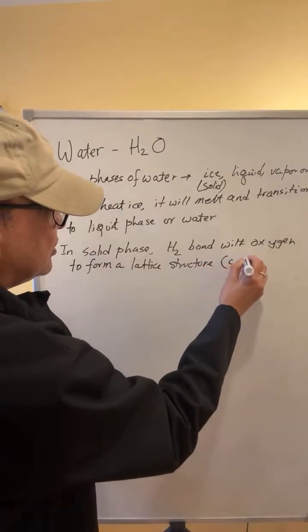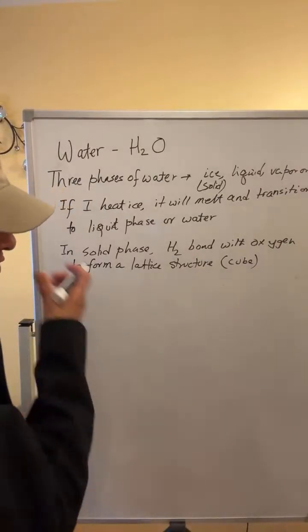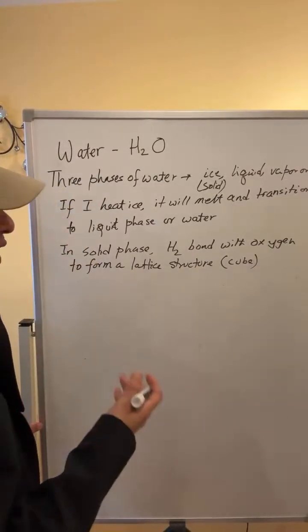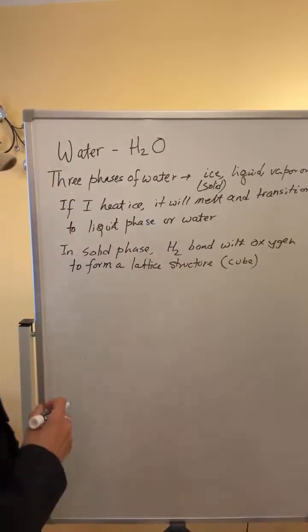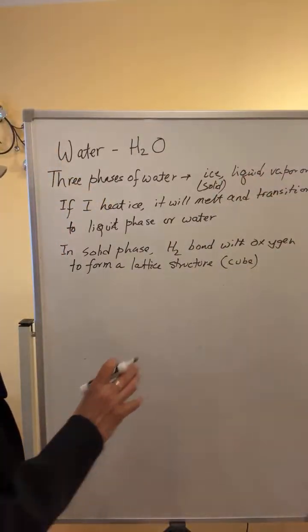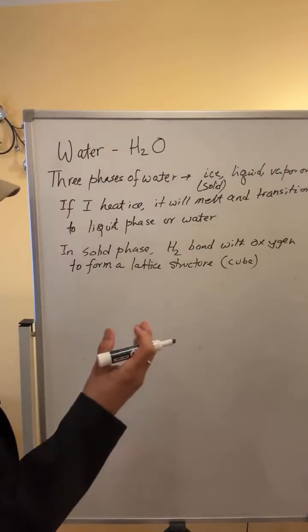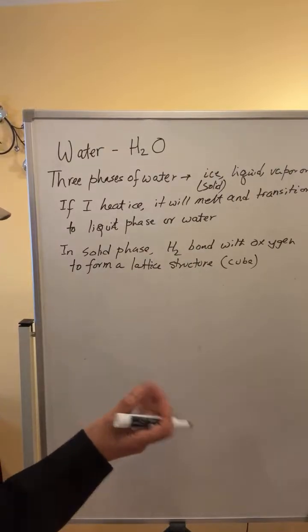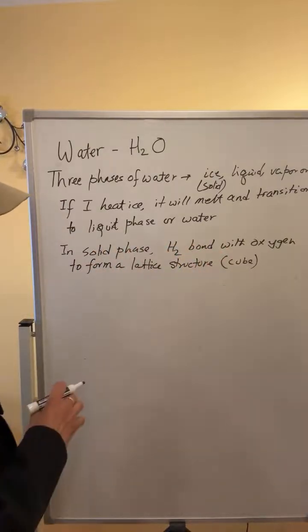Lattice means cube. Because the hydrogen atoms are bound to the oxygen atom, these water molecules lose their kinetic energy and they're stuck together inside a lattice or cube structure.